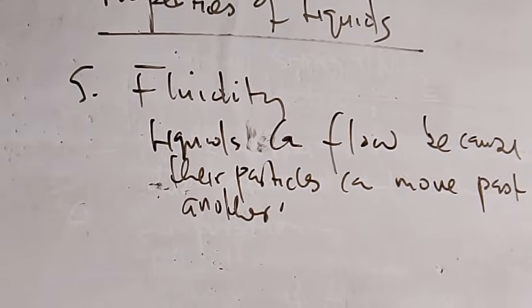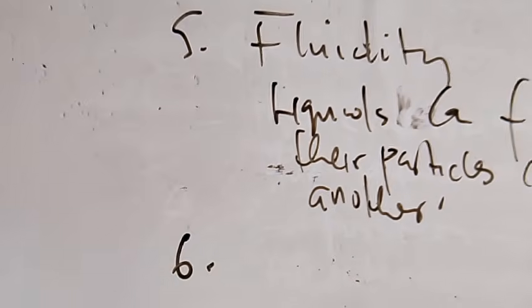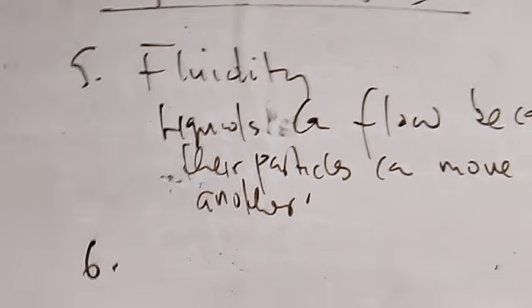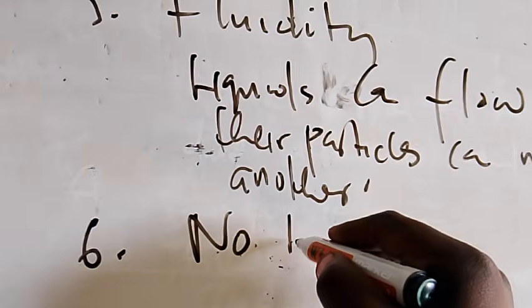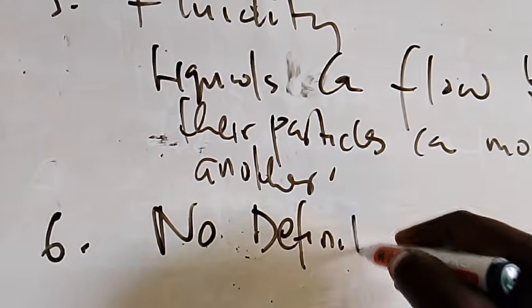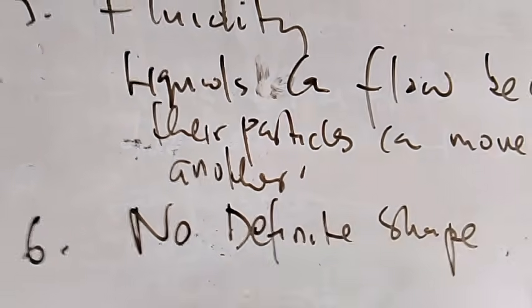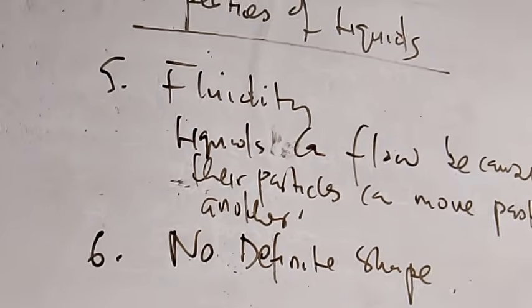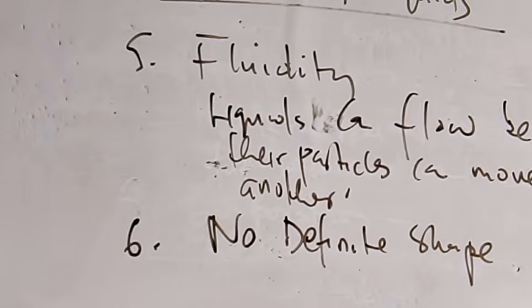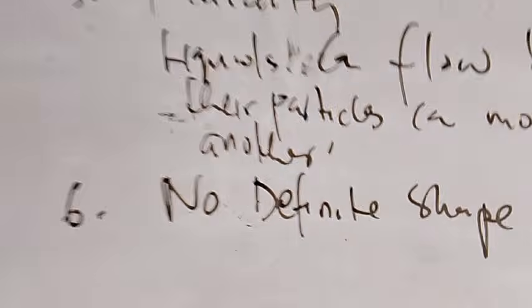Liquids can flow because their particles can move past one another. That is fluidity. Then another property of liquids is that they have no definite shape. We know liquids take the shape of the container in which they are placed. So that's about properties of liquids.